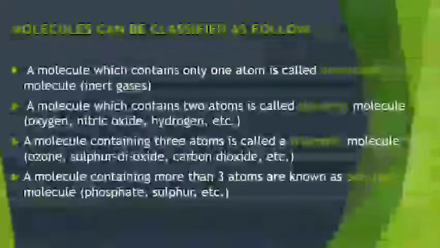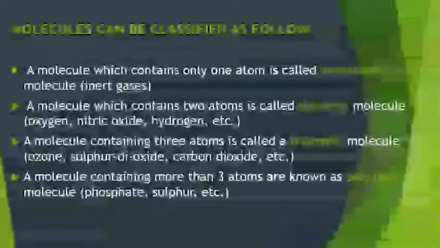Two oxygen atoms combined there. So, the 2 represents the di. There, 2 atoms of oxygen combined to form a diatomic oxygen molecule. The examples given there are oxygen, nitric oxide, hydrogen, etc.